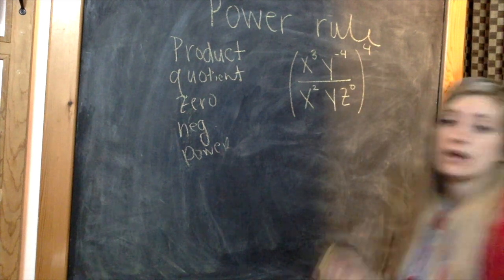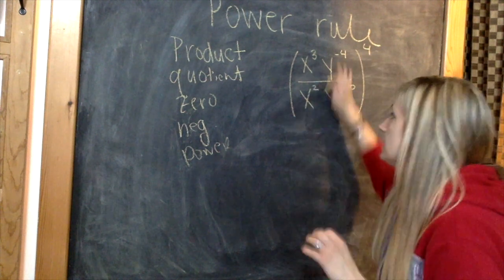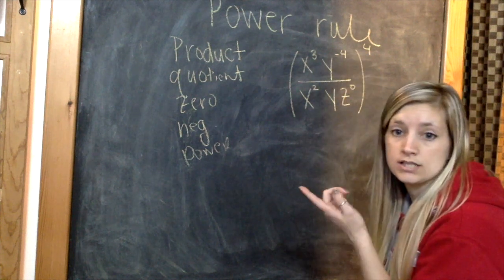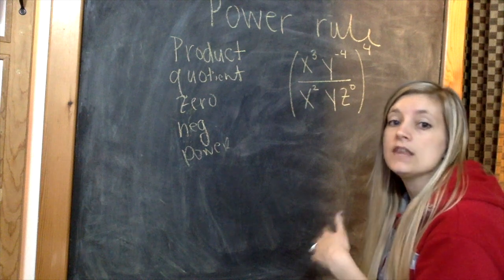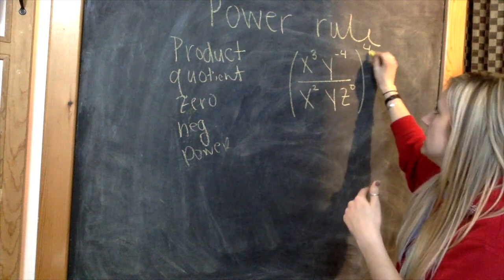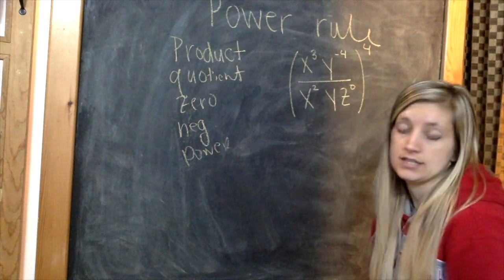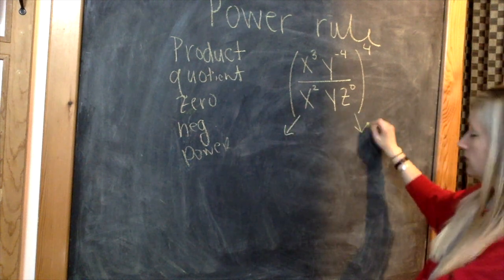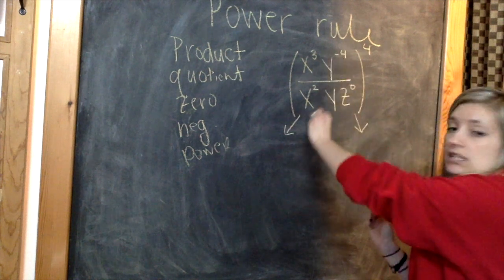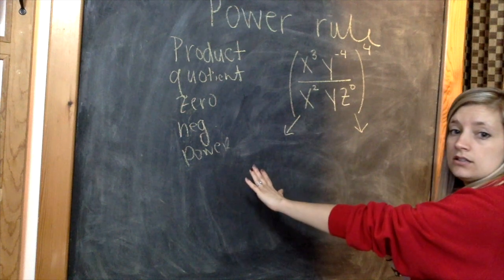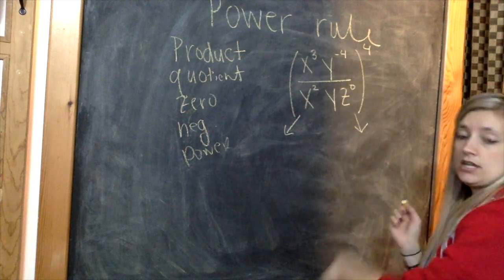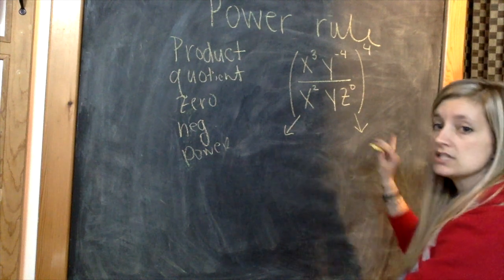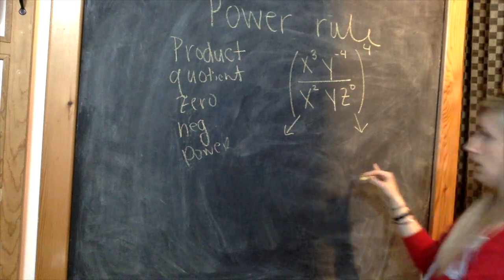Okay, so you have 2 routes. Some of you will do the inside first and make it pretty, and then just distribute the 4 twice. One's on top and one's on the bottom. And then other of you will start here, and you'll just distribute the 4 the entire way. So let's do this 2 different ways, okay? Let's simplify the inside first, and then on the other route, let's do the power first, okay?